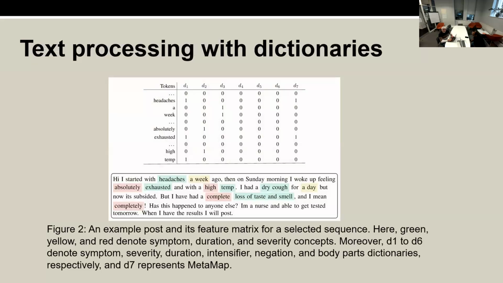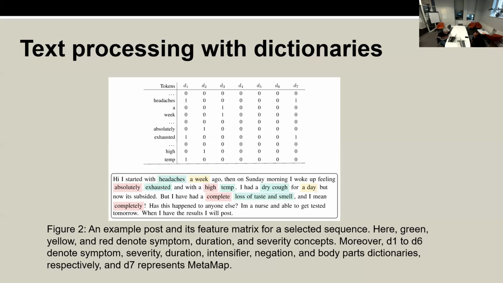Now, I have only 7 minutes, so I'll try to finish. What we did, given a piece of text, as you can see in different colors in the text: headache, say weak headaches, means that's a symptom. I've shown 8 dictionaries altogether here.